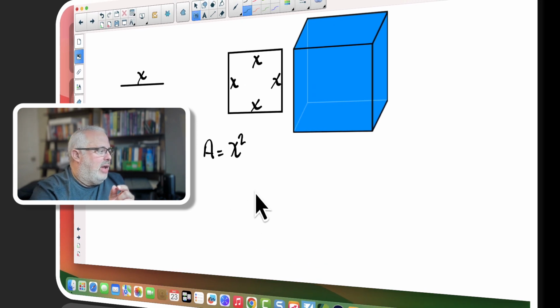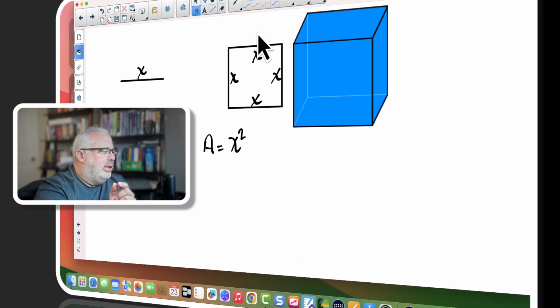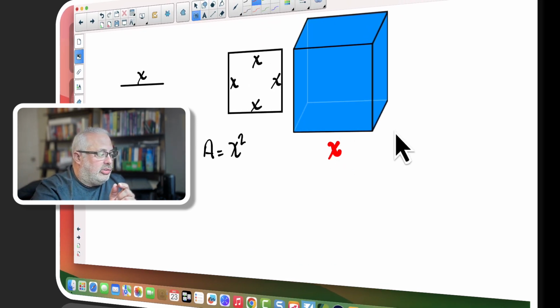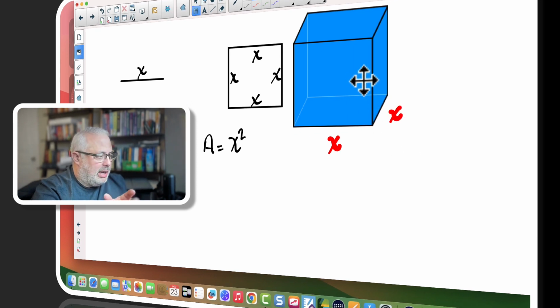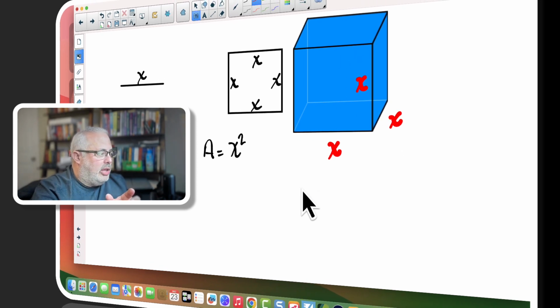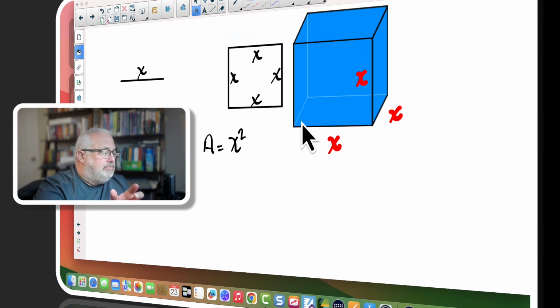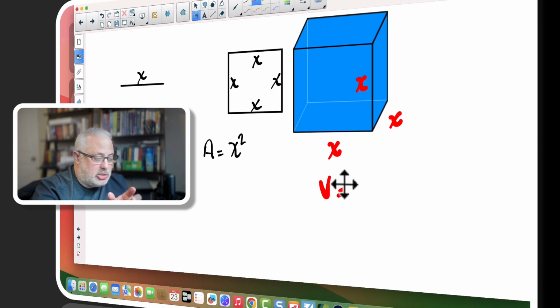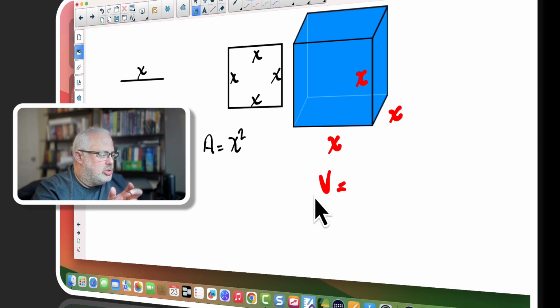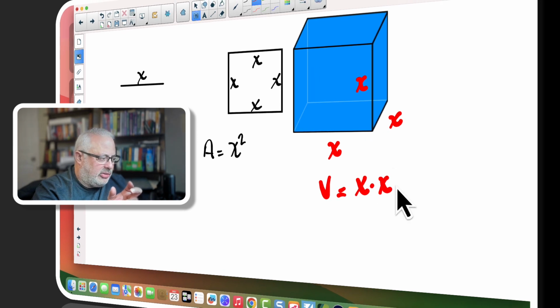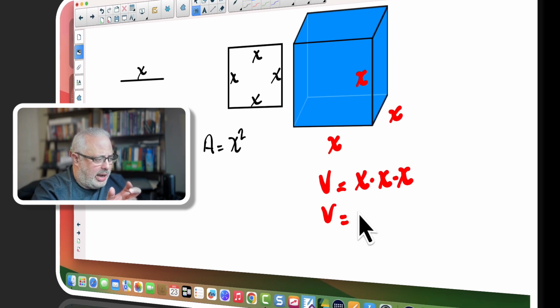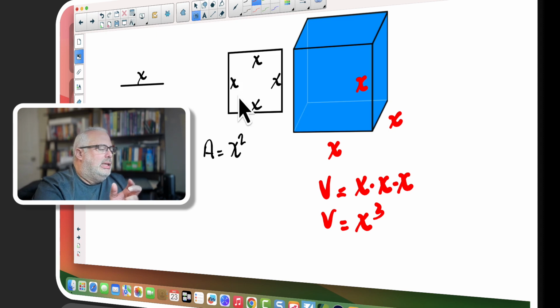And then we have a cube here, very nice, with all the sides, length, width, and height the same. And we can use another measurement, the volume, the capacity, which is no more than x times x times x, which is no more than x to the power of 3.